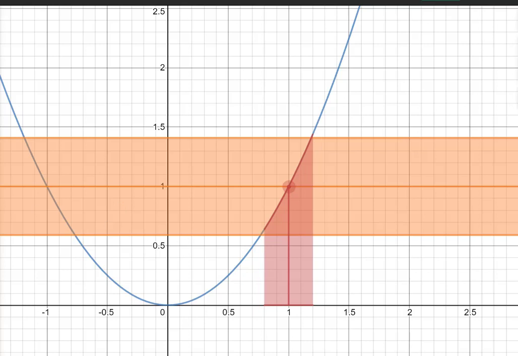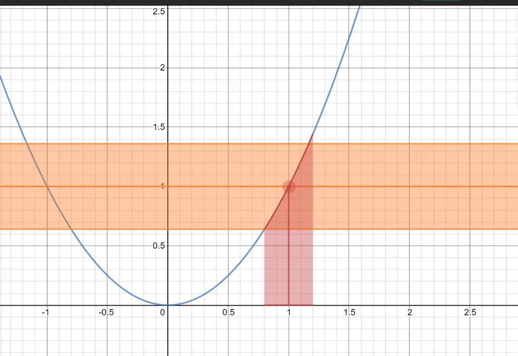If I have a smaller epsilon, I just have to find a different delta. Remember, I only have to find one. Obviously if I make it bigger, that's not going to help. I have to find a smaller delta. 0.15 will do it. Obviously anything smaller than that would also work, but I only need to find one. This is 1.1. That would work as well.